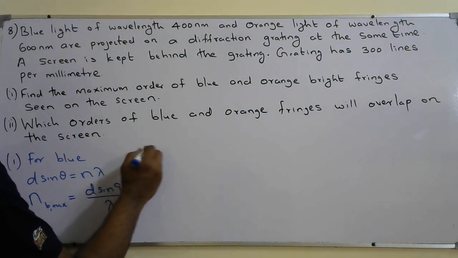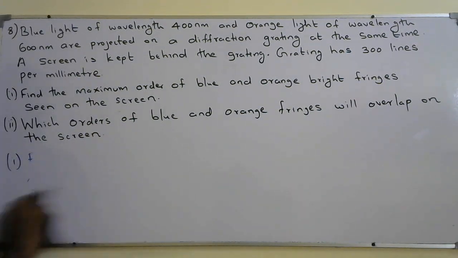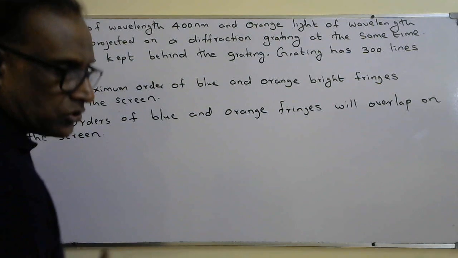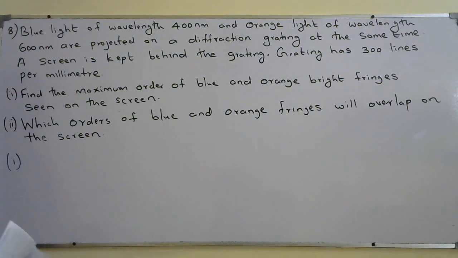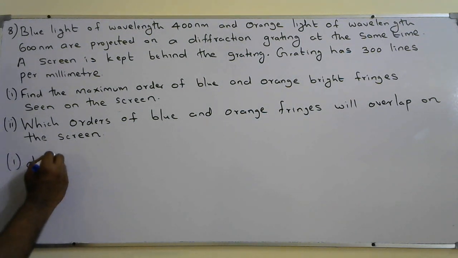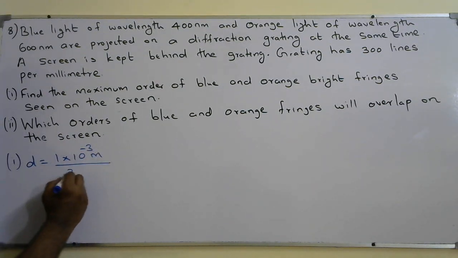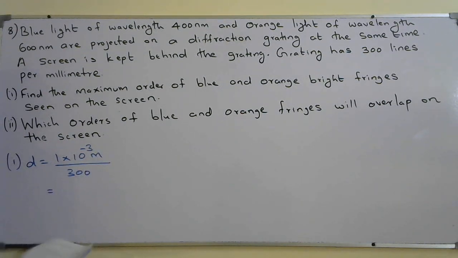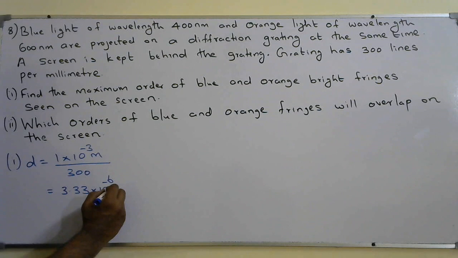Actually I should have done that first. d is equal to 1 times 10 to the power minus 3 meter divided by 300, which equals 3.33 times 10 to the power minus 6 meter.